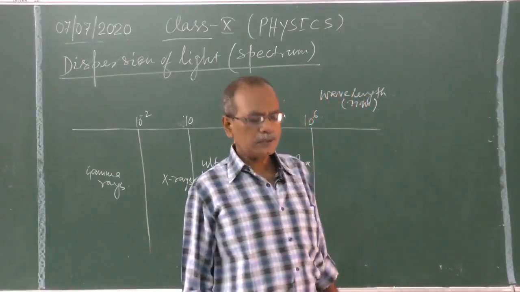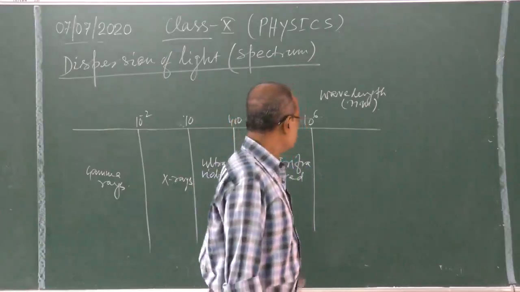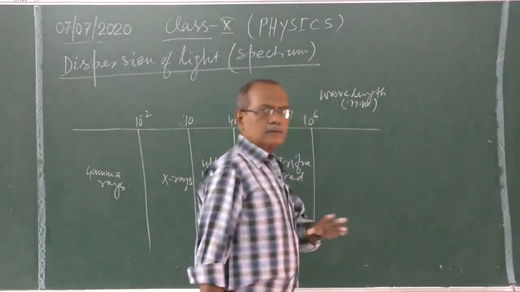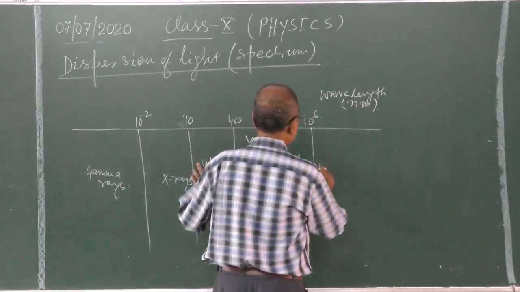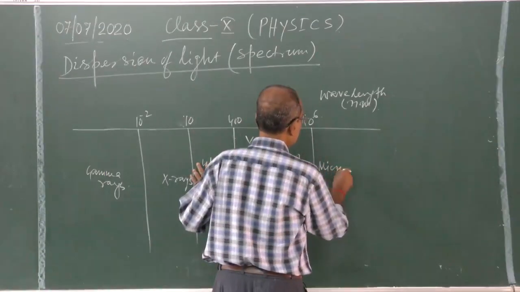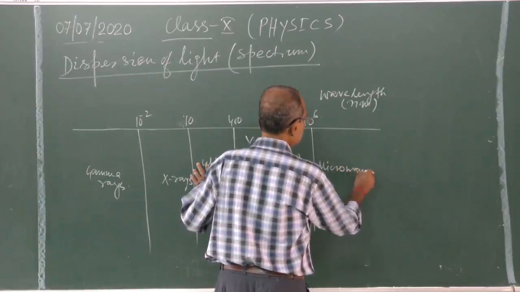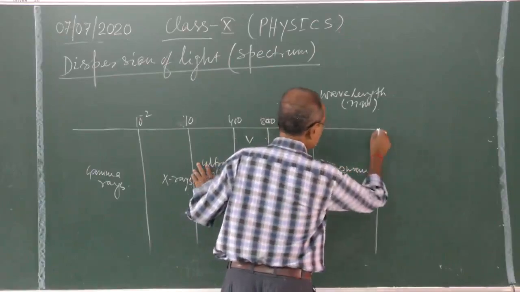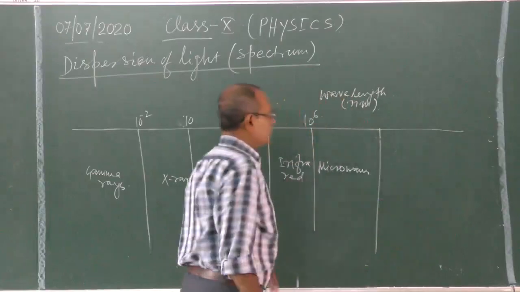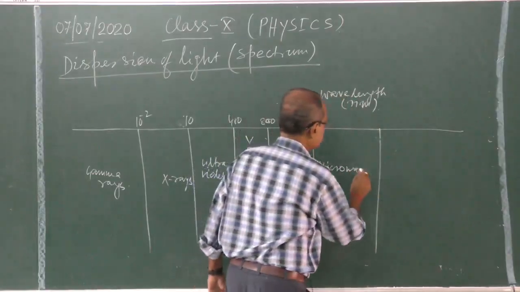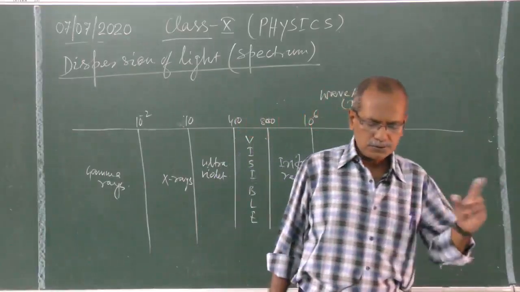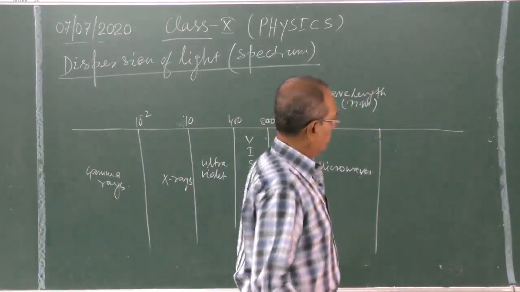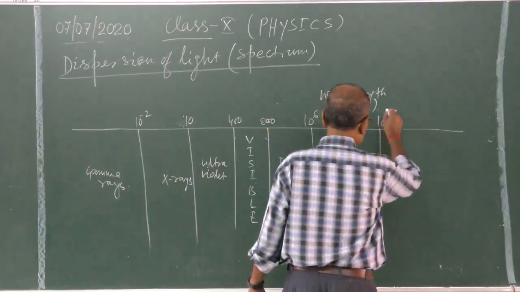Then more than infrared wavelength is microwave, varying from 10 to the power 6 to 10 to the power 10 nanometer.